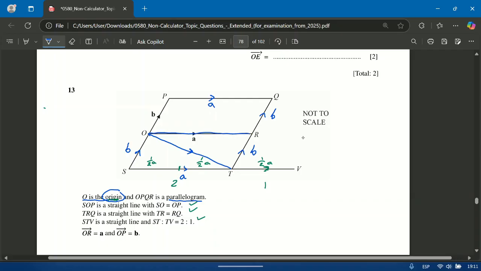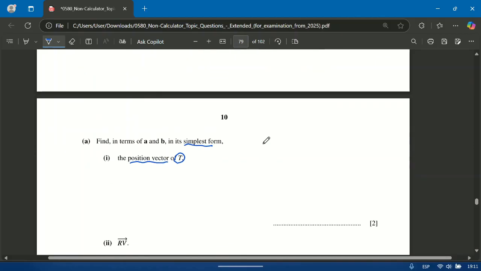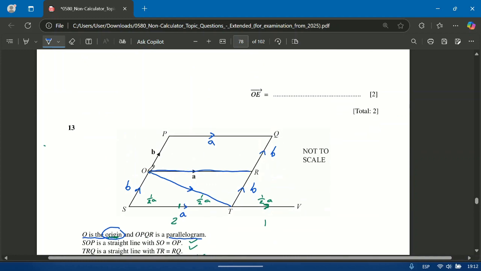Okay. So in reality, you can say OT, that's the position vector from the origin to T, equals the path I know from O to R and R to T. We can do O to S and S to T as well, but I'm choosing this one.